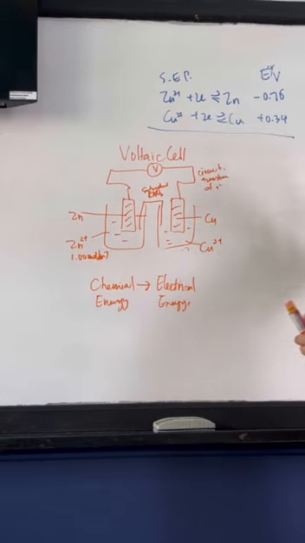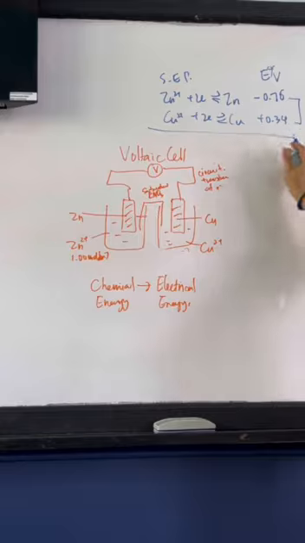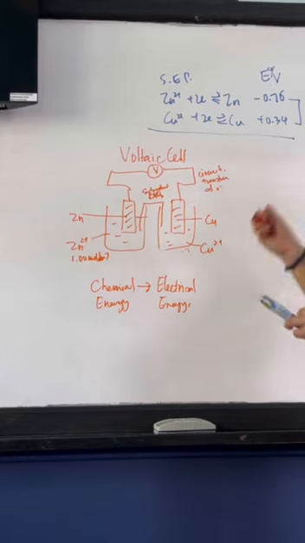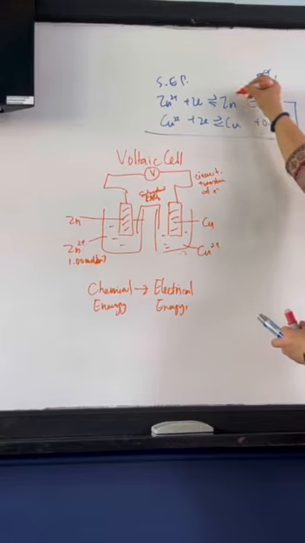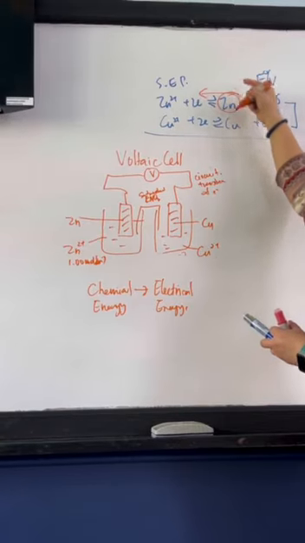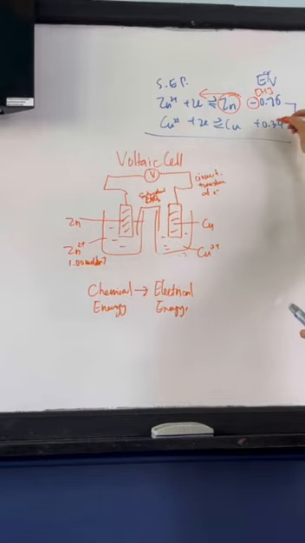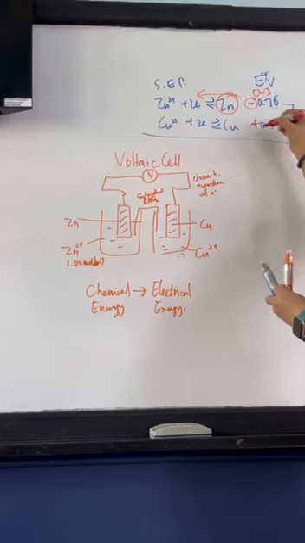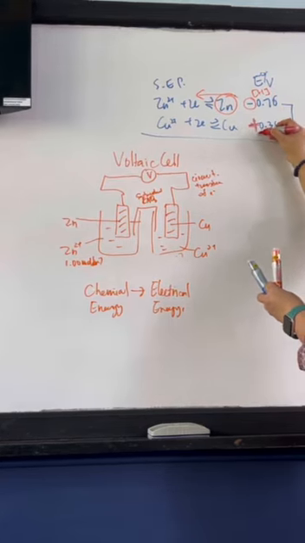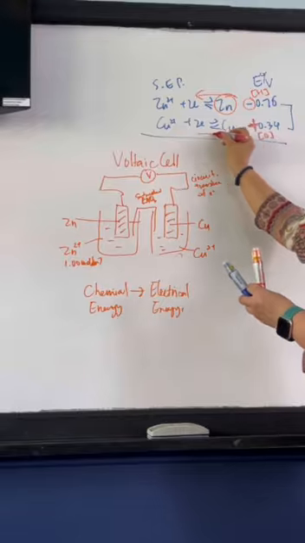I already memorized it. So when you choose these two as a connector, how do you analyze? Your negative value here is a reducing agent that undergoes oxidation. Zinc will be oxidized. And then this is a positive value, so this is an oxidizing agent that undergoes reduction.